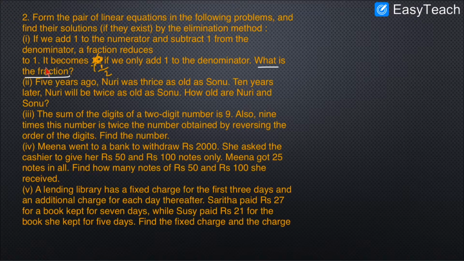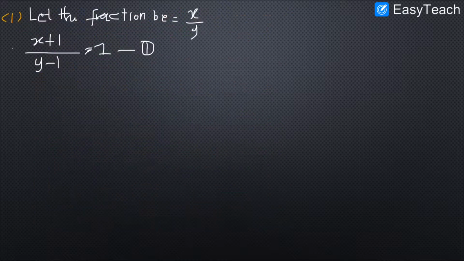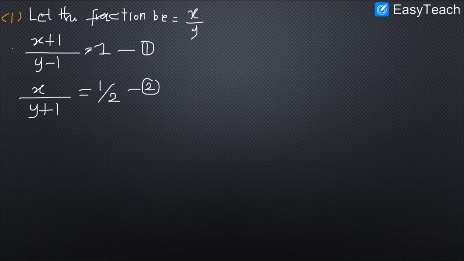Okay, the next sentence is, it becomes 1 by 2 if we only add 1 to the denominator. Which means no addition in the numerator, only we add 1 to the denominator, it will reduce to 1 by 2. This is our second linear equation.